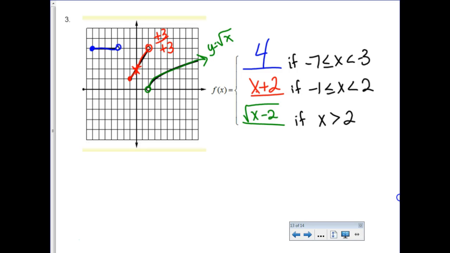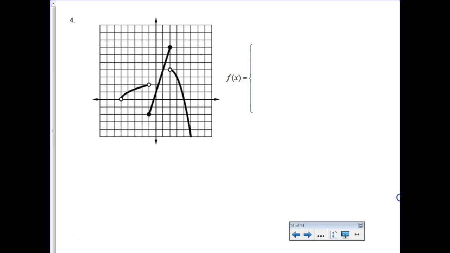What's the next one look like? You know what? Oh, that one's actually kind of fun. I was going to skip it, but I don't want to. All right, so, here we go. Blue function. There's an arrow on this last function.